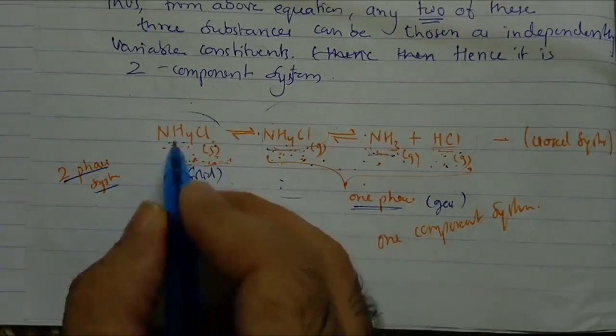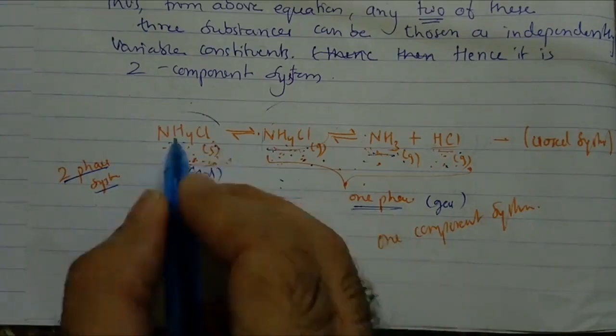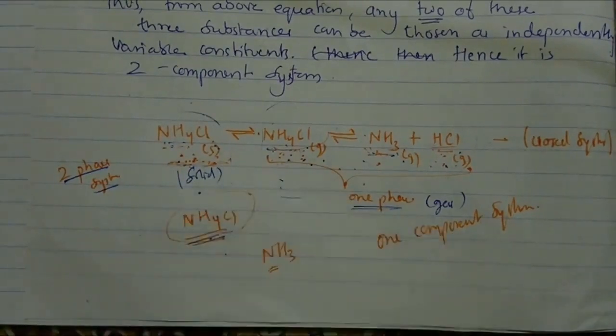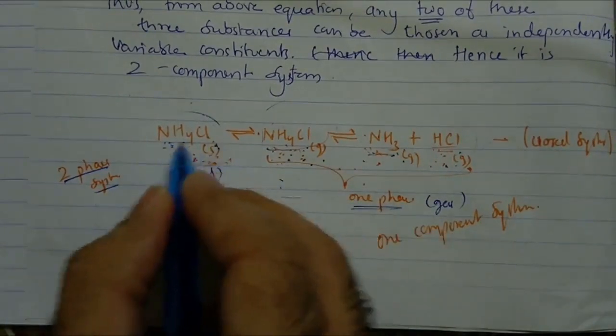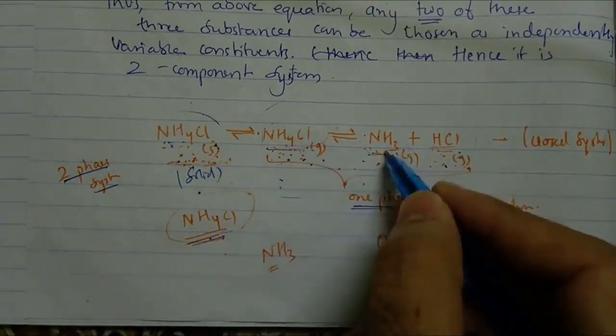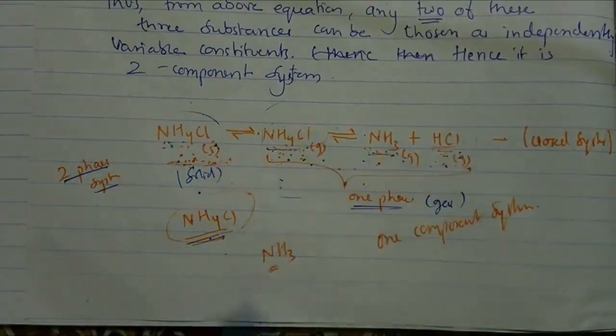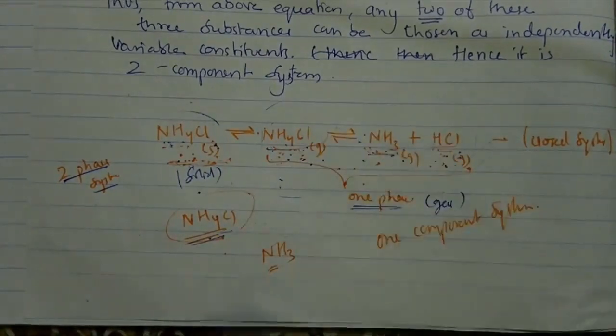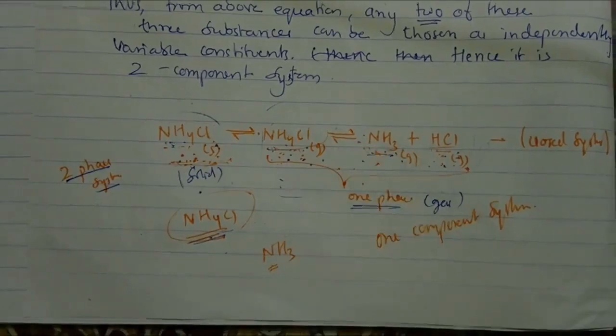Here we can see directly, because we know that NH4Cl is giving NH4Cl gas only, so it is a one component system. To define this phase we require only NH4Cl, and for this phase also we can define it by NH3 or NH4Cl, because it is the same phase and it is reacting in a 1:1 ratio.